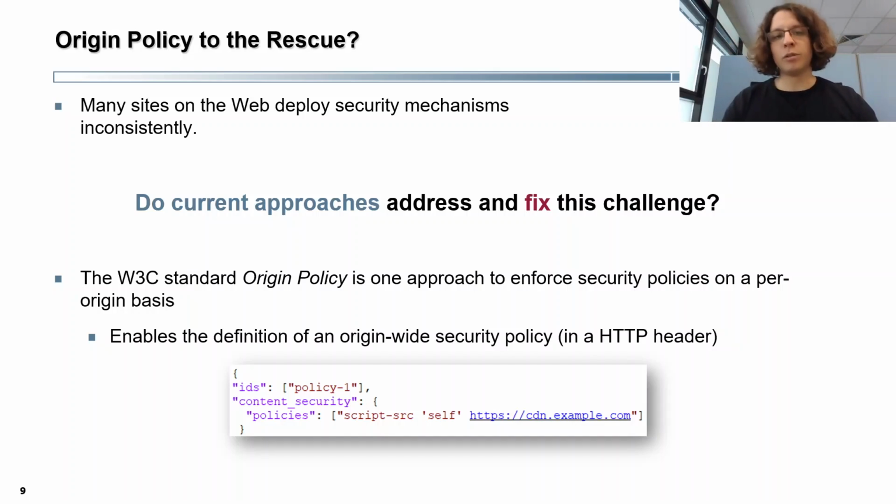So similar to current approaches, the origin policy is defined in an HTTP header, and the HTTP header tells the loaded page which policy should be used. So the service provider then defines at a well-known location one policy that is enforced at a time. So there will be only one security policy.